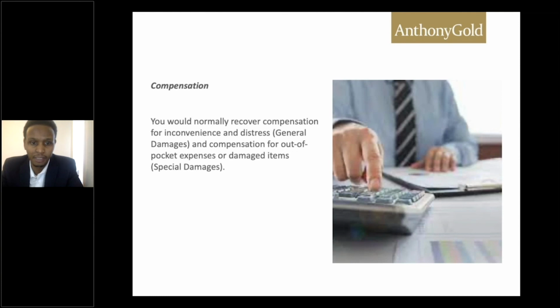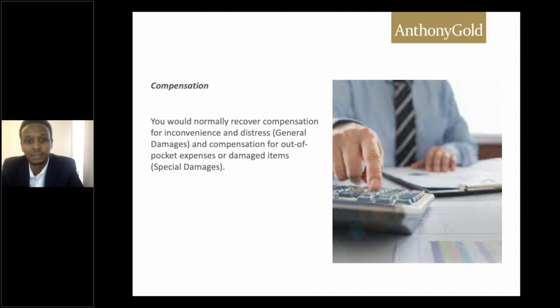In terms of compensation, this is normally divided as general damages, which is compensation for inconvenience and distress of having a home in disrepair, and special damages, which is compensation for out-of-pocket expenses that you would have incurred. General damages is calculated differently depending on whether you're a leaseholder or tenant.